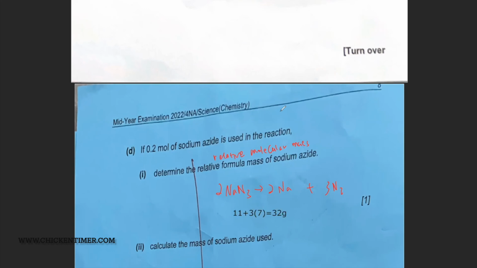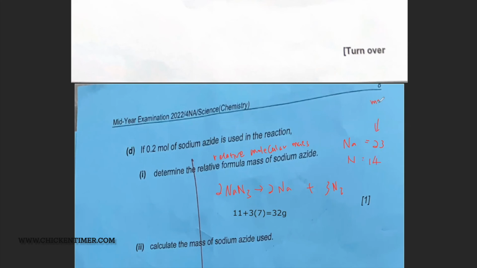It's written there. The periodic table gives the mass number, and you use the mass number, you do not use proton numbers. The mass number for sodium is 23, and nitrogen is 14.